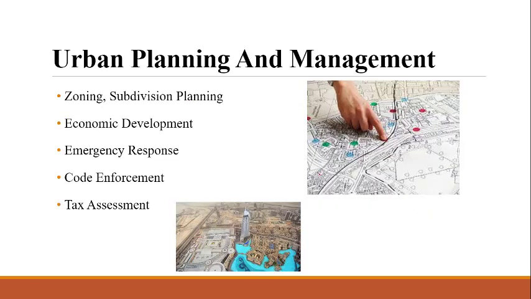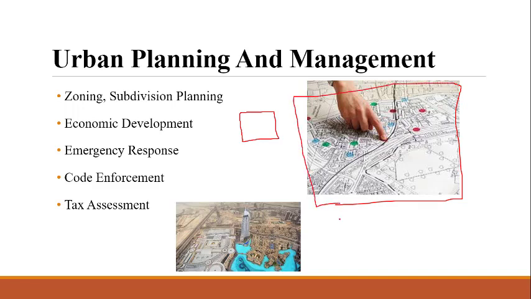It can also be used for urban planning and management. It's very important if somebody wants to get their land or a plot in a scheme, so GIS is used for that scheme, which is mapped on GIS software, and it can easily show where the location of a building is.